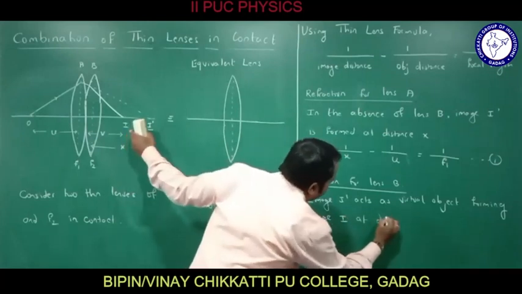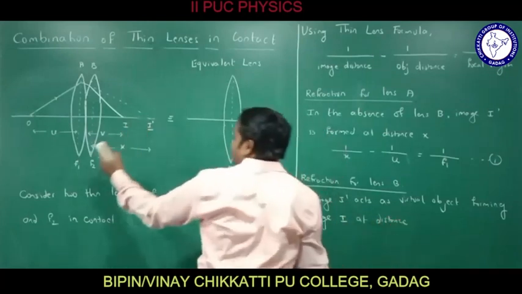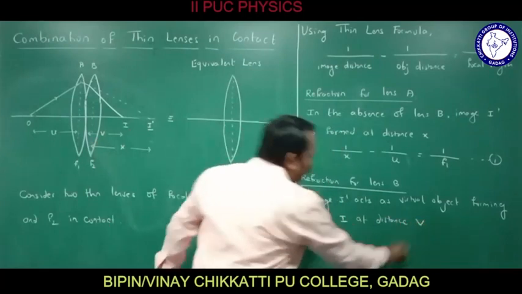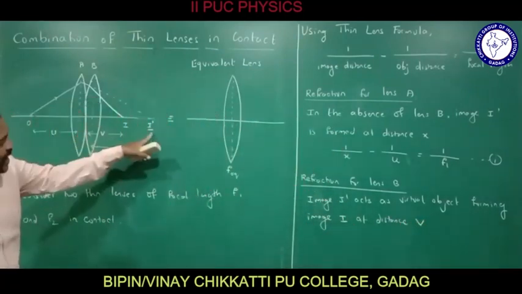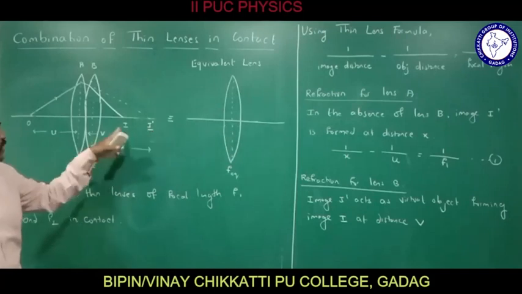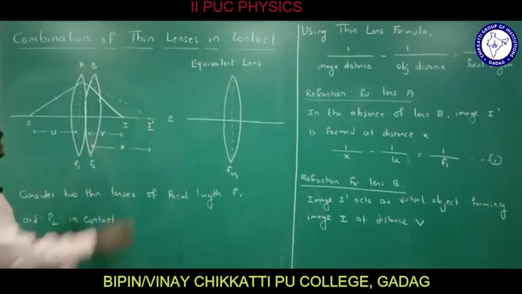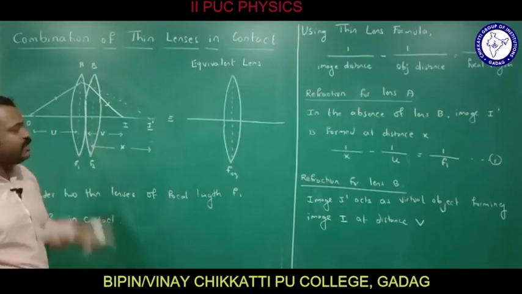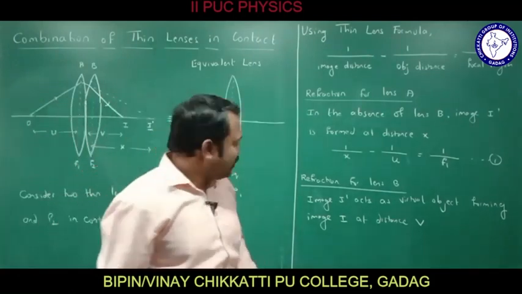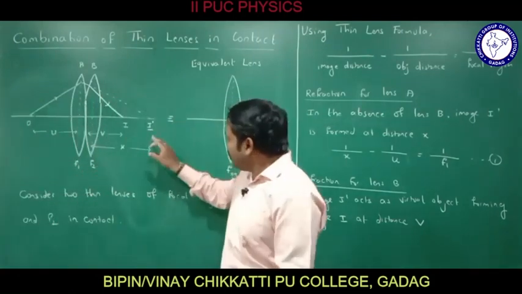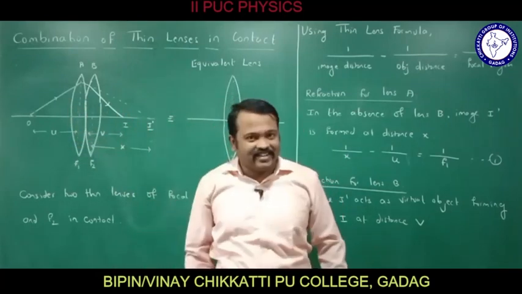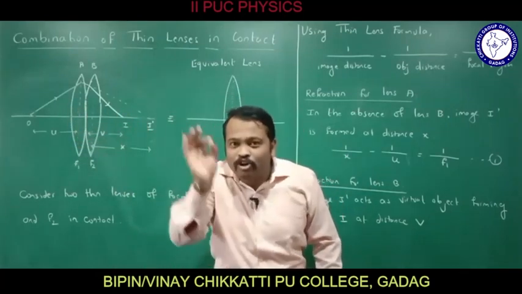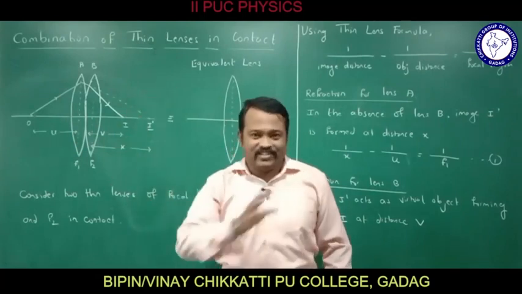I, at a distance. What is the distance now here? That is V, right? So do remember, for the second lens, I dash acts as a virtual object which forms the image at I. I is the image formed. So one thing you need to understand: what is I dash? I dash is the image of the first lens and the virtual object of the second lens, right?